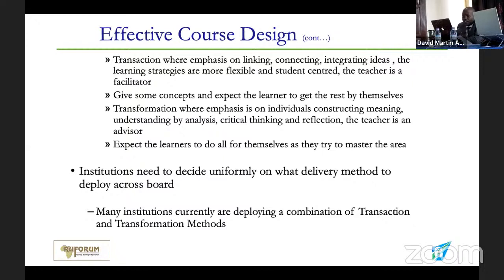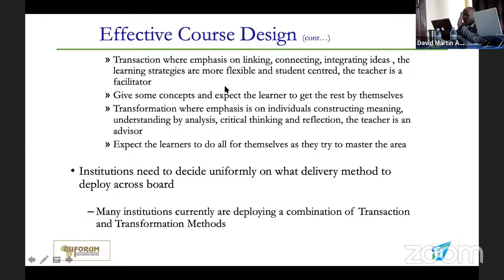But the recommendation is that the instructors need to know how to blend the approaches and how to blend the delivery methods so that you get the best out of your teaching that you're offering virtually.